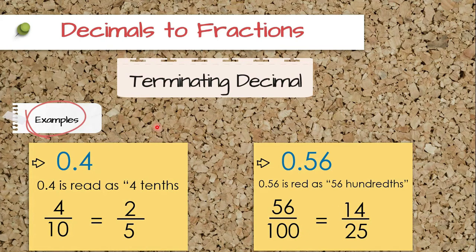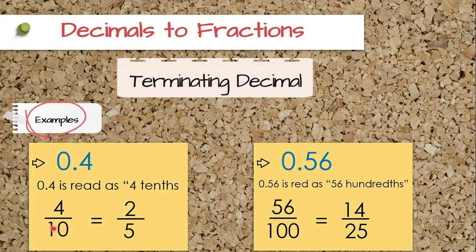Again, in changing decimals to fractions, for a terminating decimal, you're going to first take a look at the digits right after your decimal point. And the number of digits will tell you how many zeros you're going to write in your denominator. So in this first example, you have 4, only 1 digit, that's why you have only 1 zero.